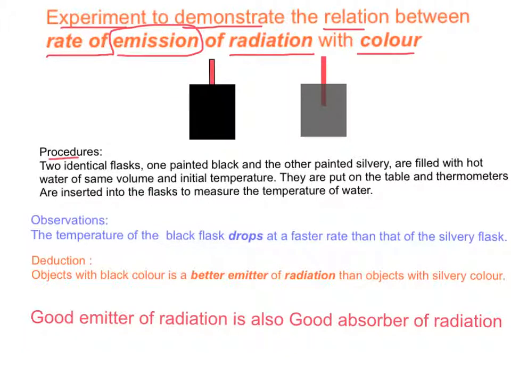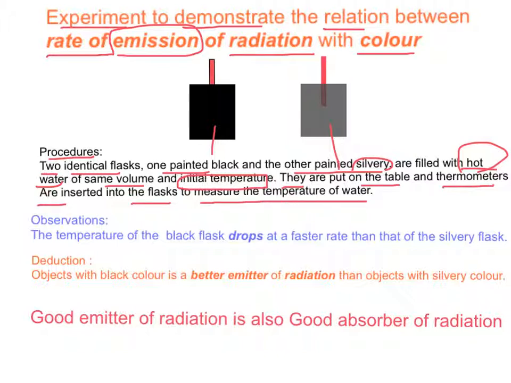The procedures are: we have two identical flasks, one painted black and the other painted silvery, filled with hot water of the same volume and initial temperature. The flasks are then put on the table and thermometers are inserted into the flasks to measure the temperature of the water.